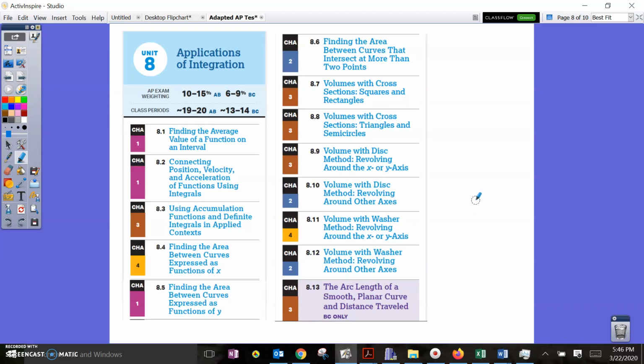Unit 8, applications of integration. Again, this entire unit is eligible to be asked about on the BC exam.